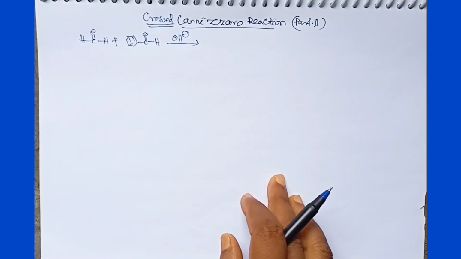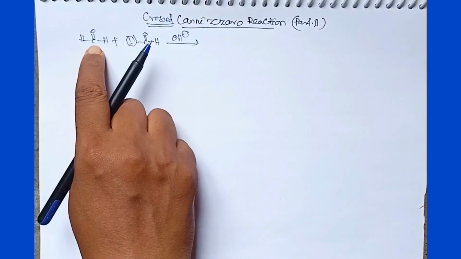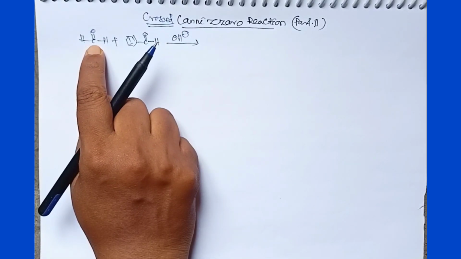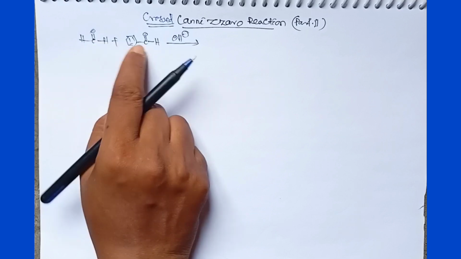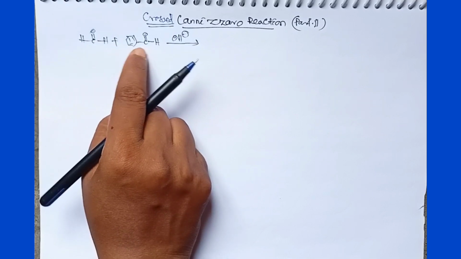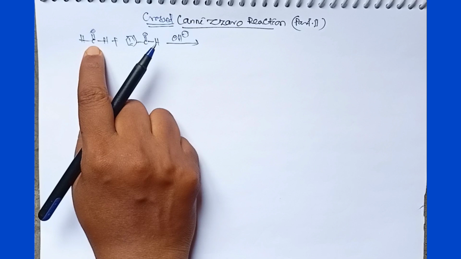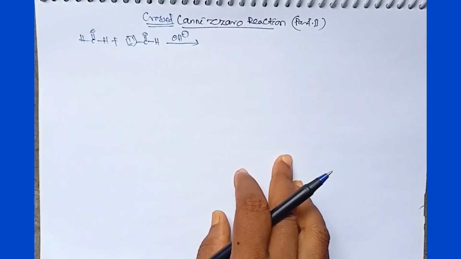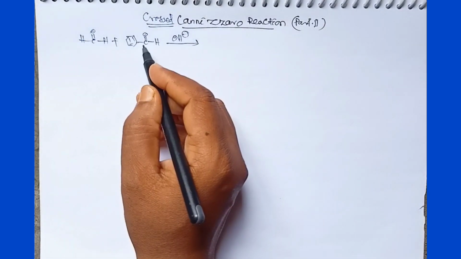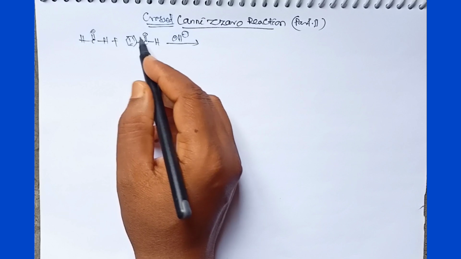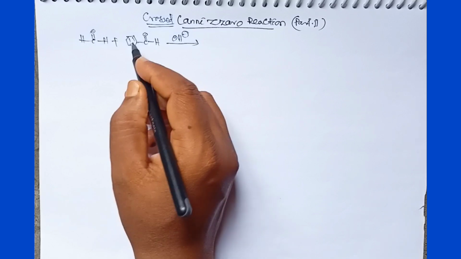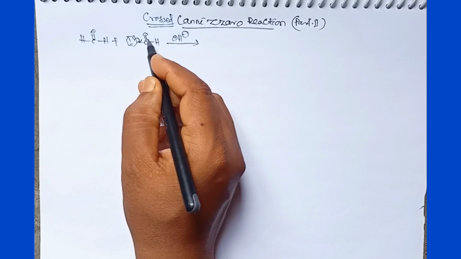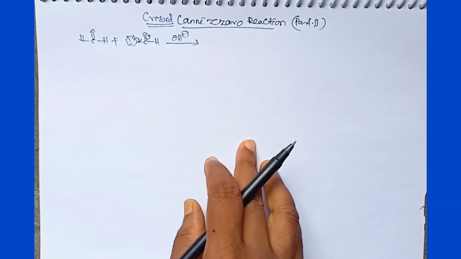Now the point is that in the first step, the OH minus attacks one of the carbonyl centers. We have to decide which carbonyl center is more electron deficient and which is comparatively rich. When this carbonyl group is attached to a benzyl group, some kind of resonance is taking place.